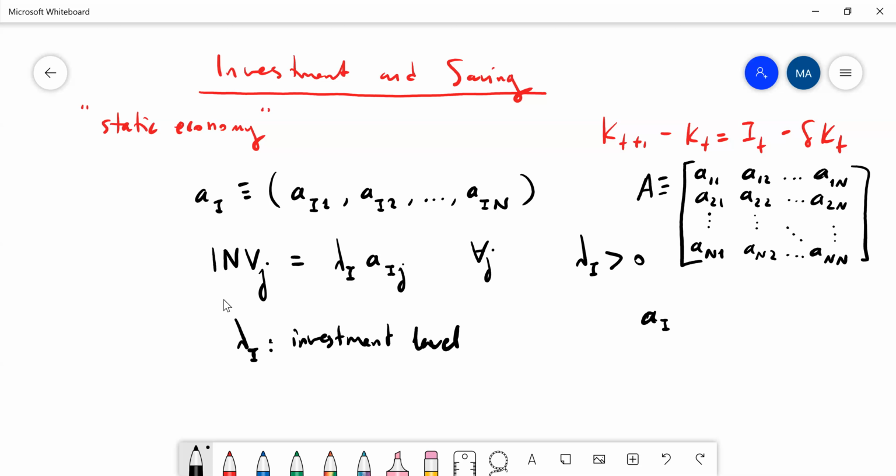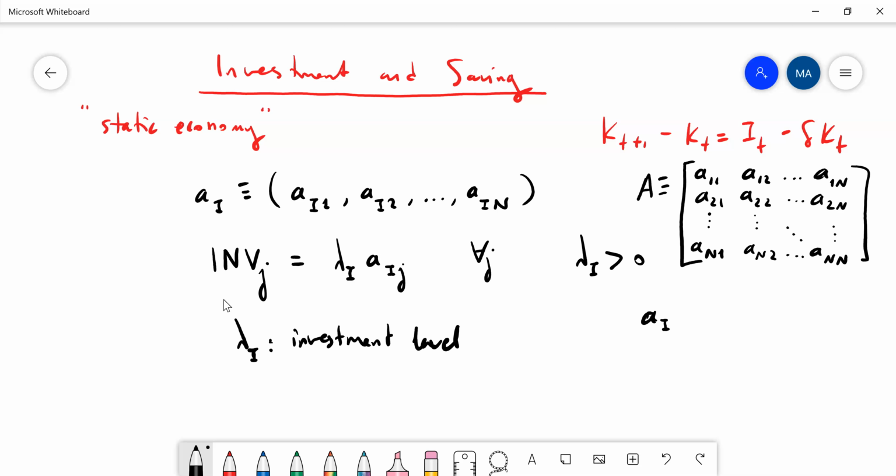Let's say AI1 is 2. I have 2 units of the first good, and for lambda I units, I need INVJ units from the first good, INV1 units from the first good, INV2 units from the second good, etc.